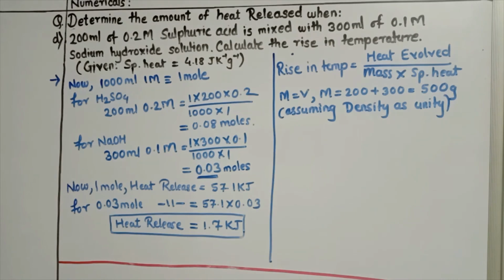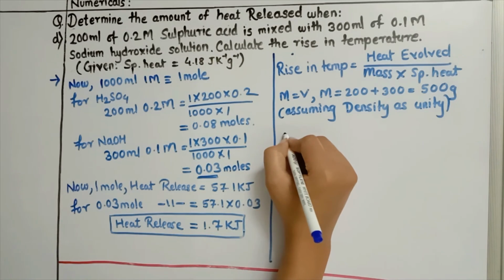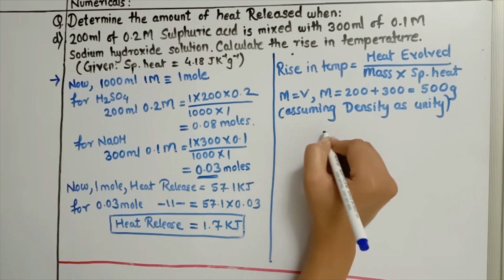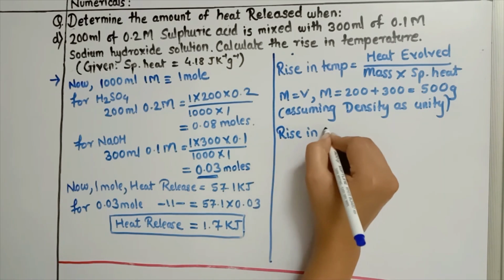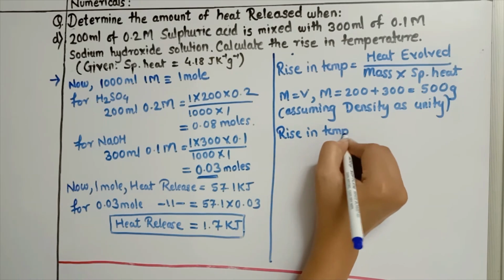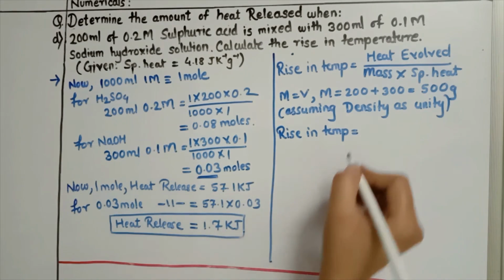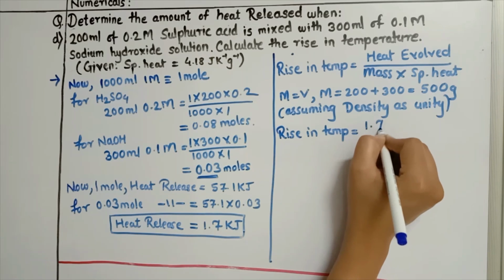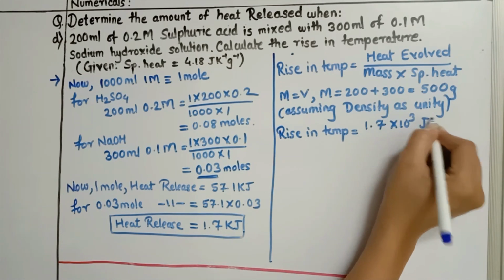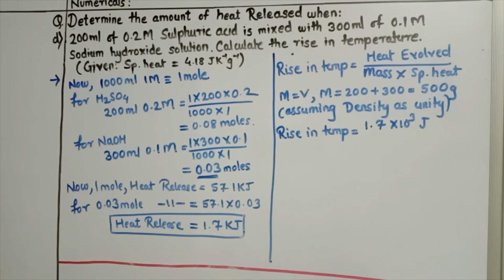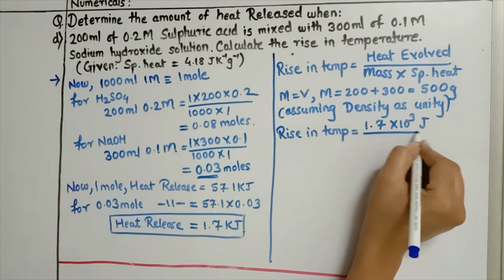Okay, so now rise in temperature is equal to heat evolved, which is 1.7 into 10 raised to 3. Why 10 raised to 3? We have converted kilojoule to joule.